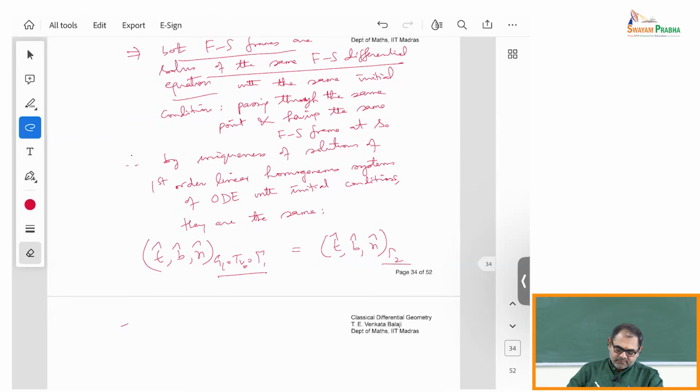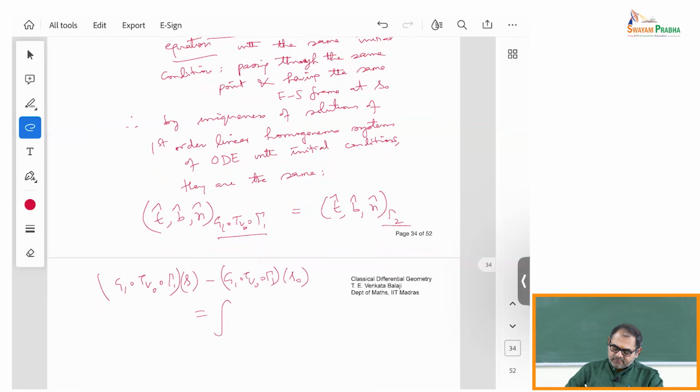You will get g1 circle T v naught circle gamma 1 of s, minus g1 circle T v naught circle gamma 1 of s naught, is the integral from s naught to s of the derivative of g1 circle T v naught circle gamma 1.